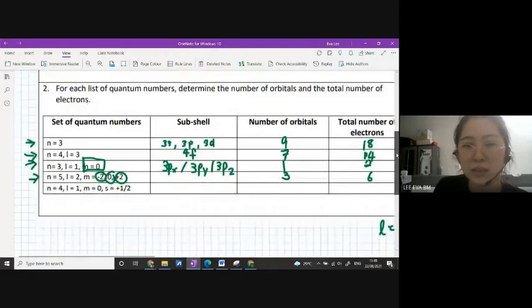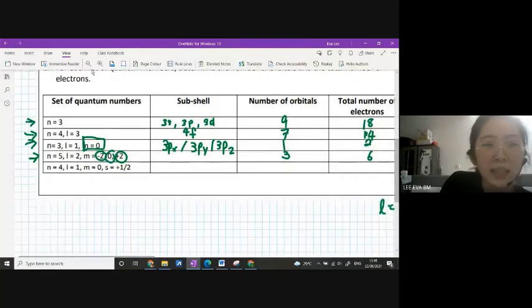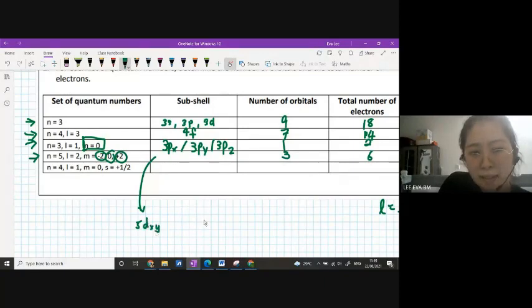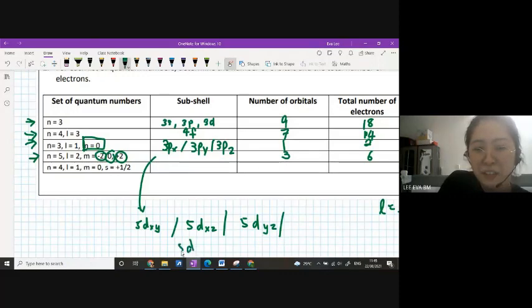Hold on. So, madam buka besar sikit tak dapat nak tulis. So, for this one, you can write down either you will have 5dxy ataupun 5dxz ataupun 5dyz. Or, we can also have 5dz square or 5dx square minus y square.